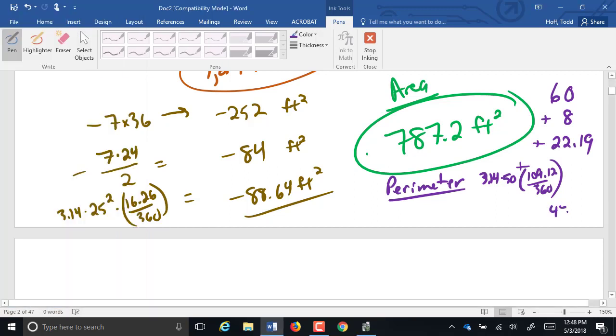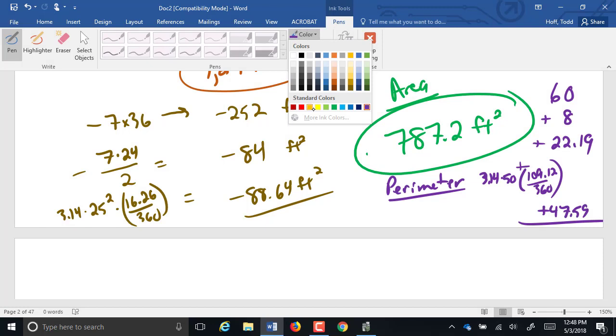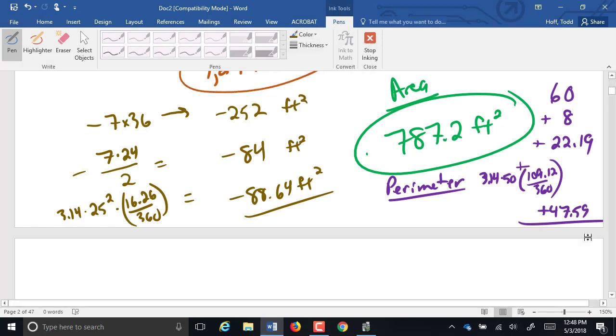That's 47.59. So we add that all up. We get 137.78 feet is our perimeter.